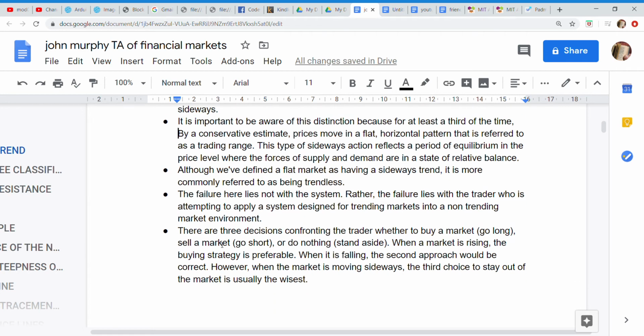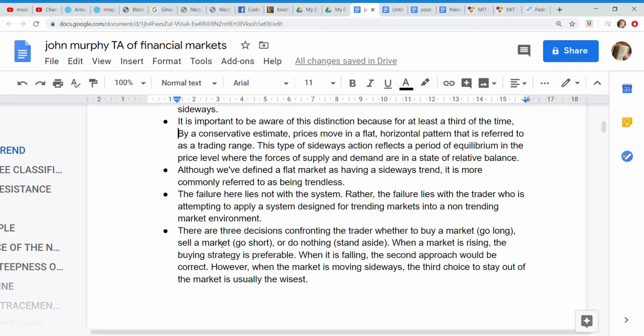The failure here lies not with the system, rather the failure lies with the trader who is attempting to apply a system designed for trending markets to a non-trending market environment. Because we always trade in trending markets, this is what they are discussing.